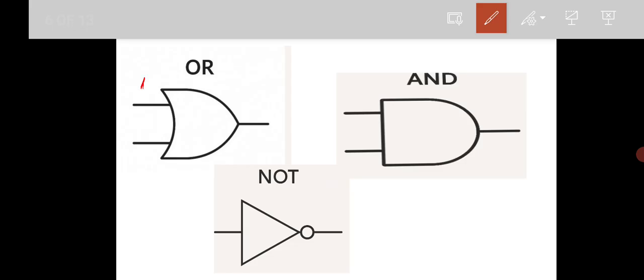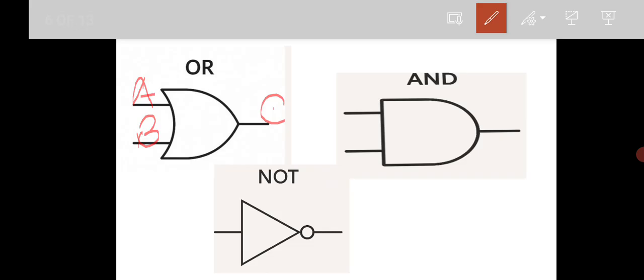So there's input A and input B to give us output C. Imagine C is a bulb again, and A and B are switches, which you can either open or close.